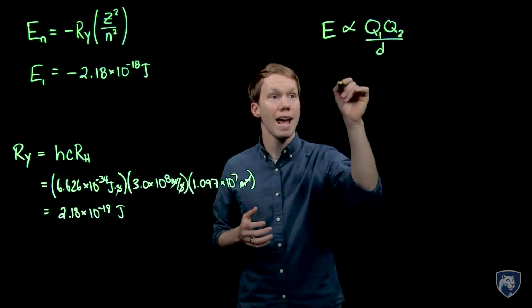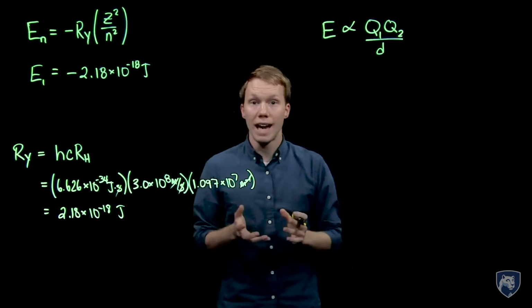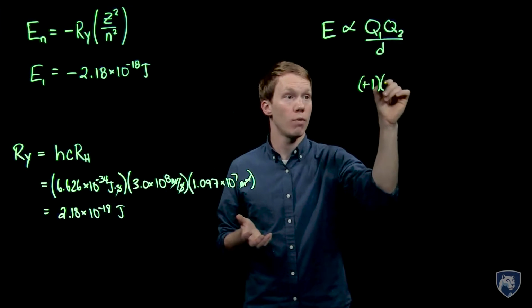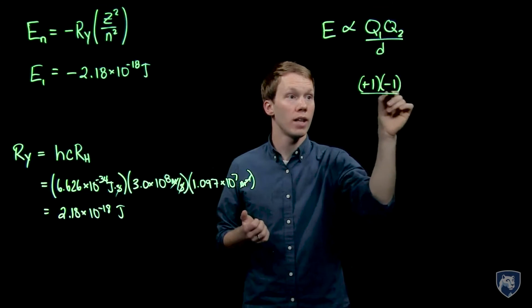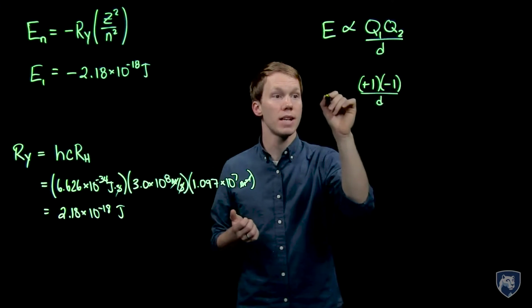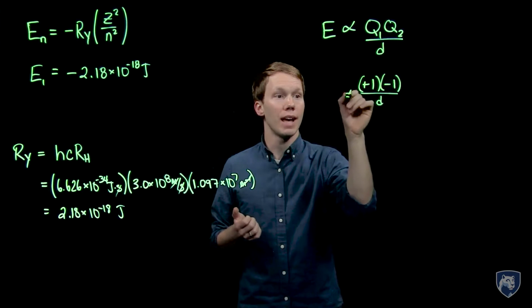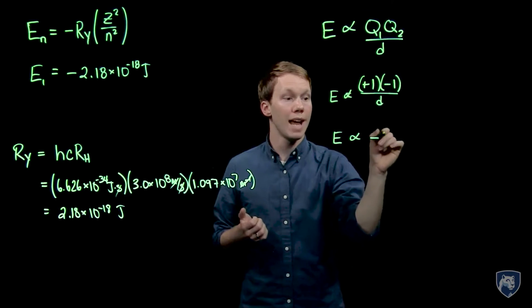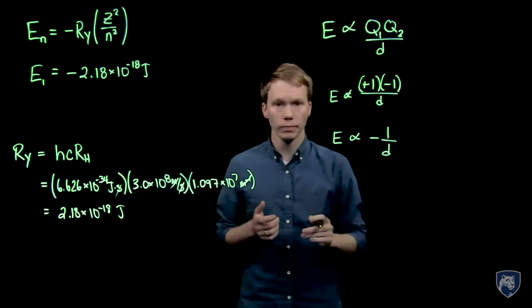So if I have a hydrogen atom with one proton, that is +1, and one electron, that is -1, separated by some distance d, the energy is going to be proportional to -1 over d.